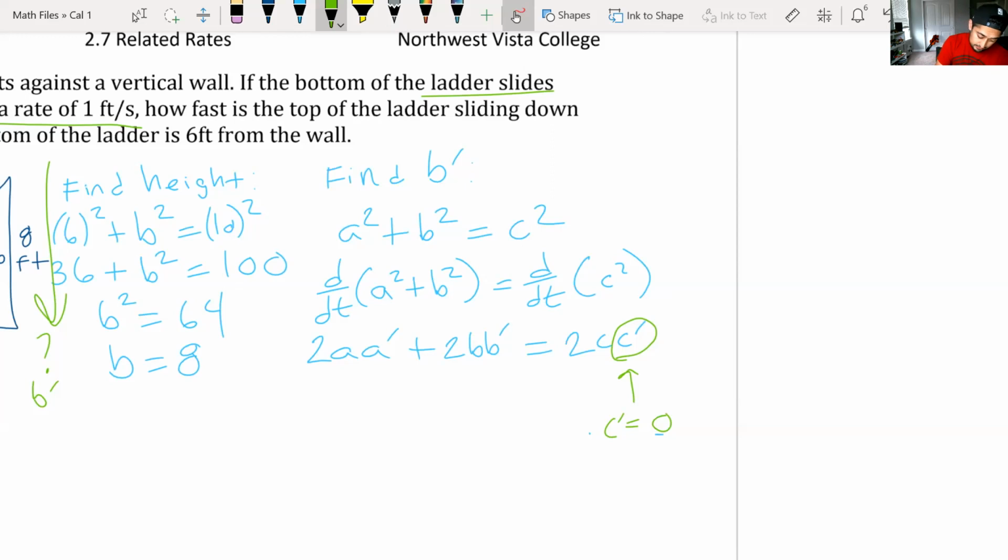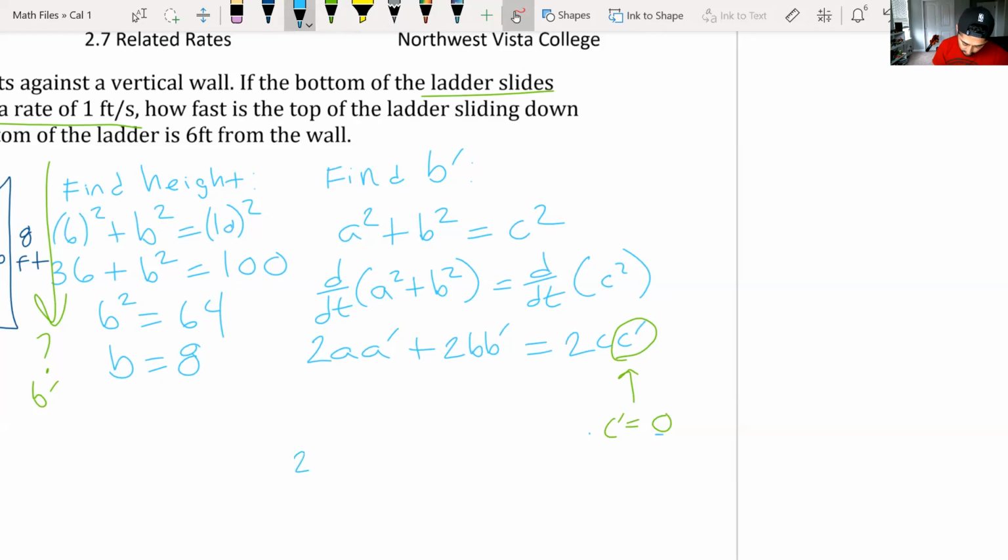Okay, so let's come back to the equation and plug in what we know. And sure, you could divide everything by 2, but let's keep going. Let's plug in, we know A, we know A prime, we know B, the only thing we don't know is B prime. So we can plug in and solve from there.